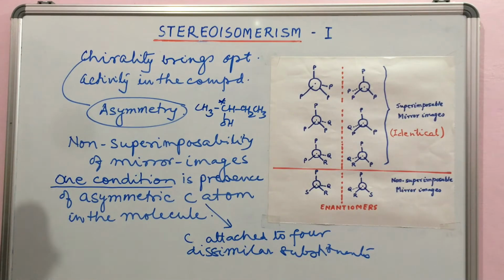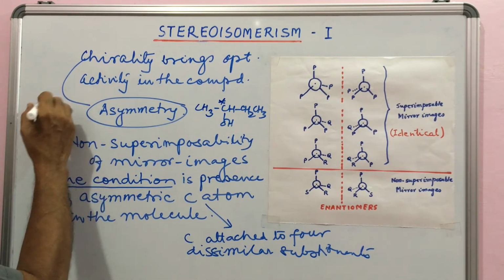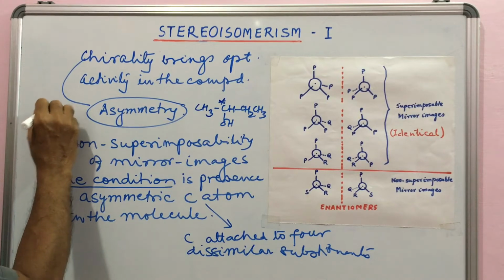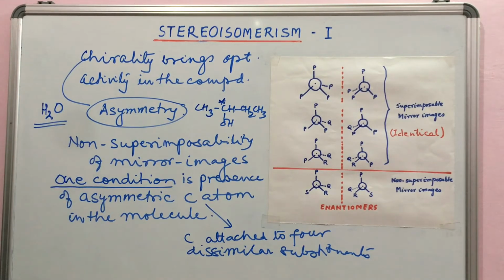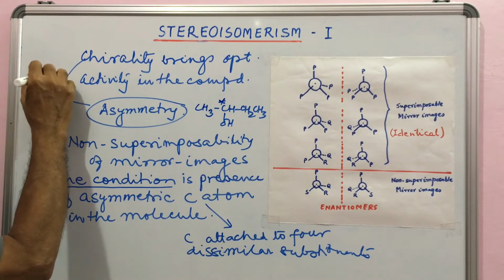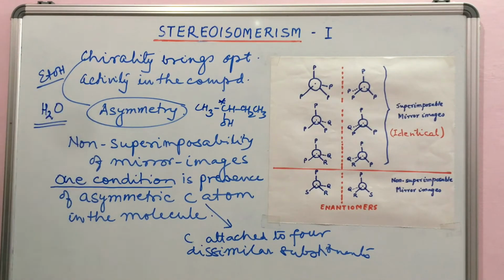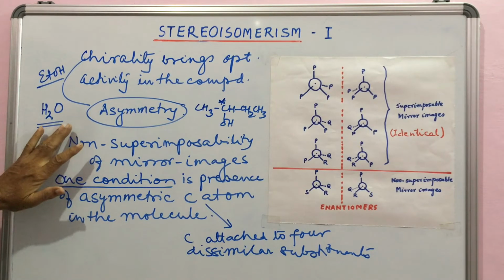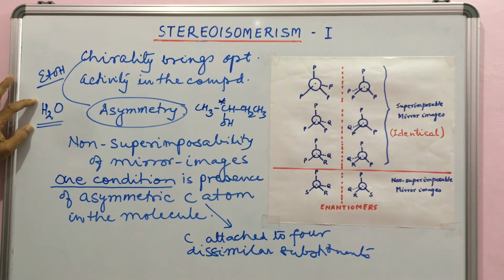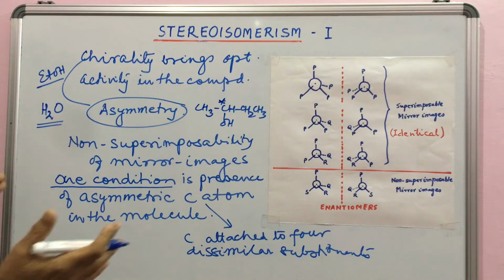Now, you will ask why water molecule is not optically active or ethyl alcohol is not optically active. Water molecules are symmetric molecules and the mirror images of these are superimposable.